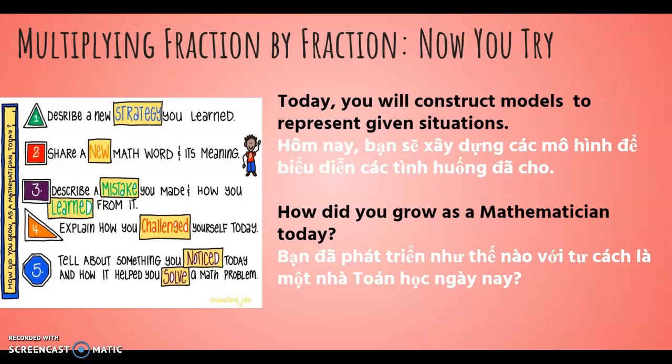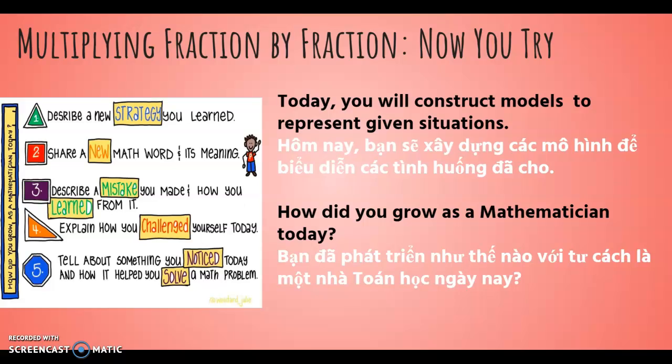Okay, before we close today, ladies and gentlemen, I would like for you to tell me how do you think you grew as a mathematician today? You have 5 options to write about. You're going to choose one option and write about how you grew as a mathematician.